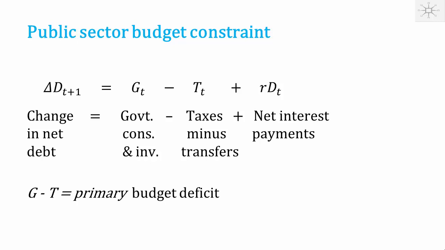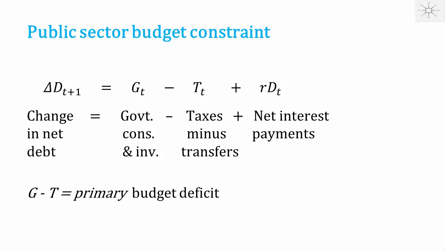So the change in net debt of the government is going to be the expenditure on consumption and investment, G, minus the tax revenue that you collect, plus the net interest payments that the government makes. And now I've written this in real terms, so we have the real interest rate times the stock of government debt.